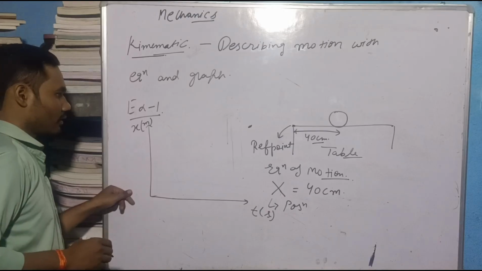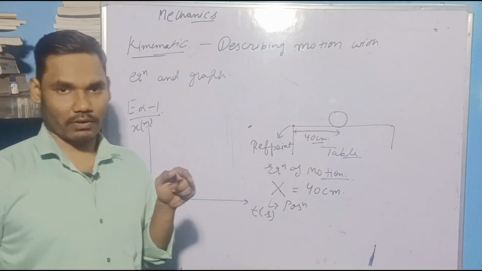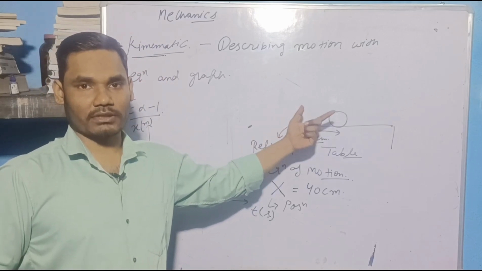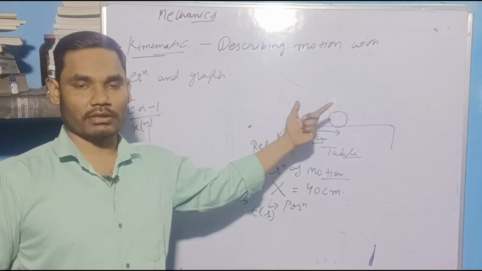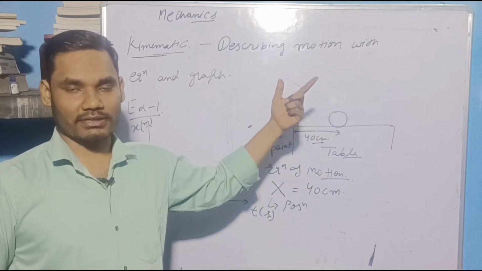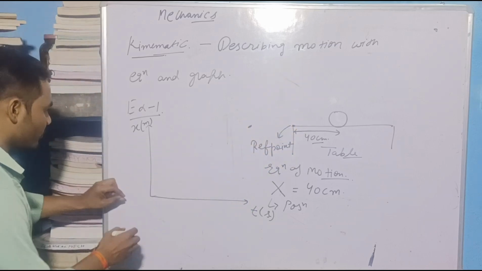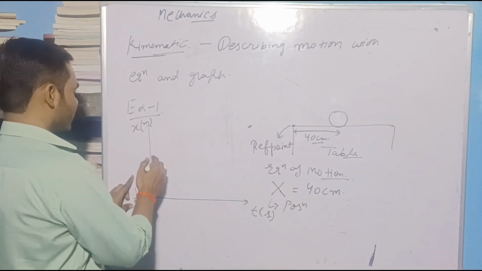Now at t equal to 0, at the starting of our observation, when we started to examine the situation of this ball, at that starting point our time was 0. So at t equal to 0, the position of the ball was 40 centimeter.